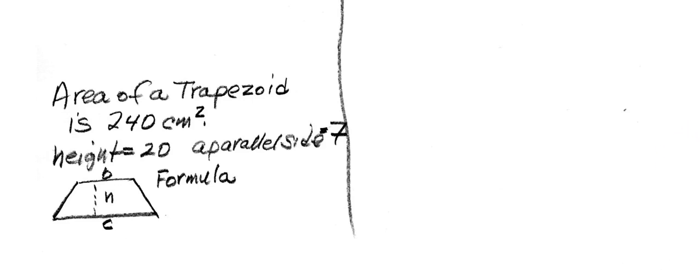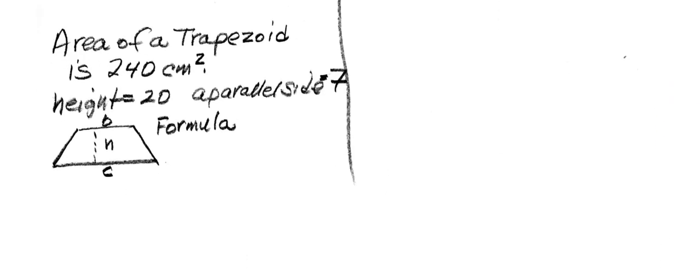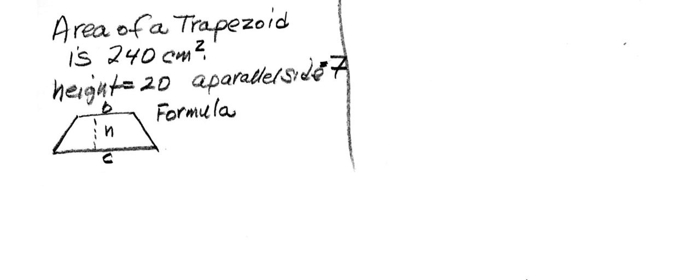Now, this last one deals with the area of a trapezoid. And the figure I've drawn here, this is a trapezoid, not very good, but to give you some background. First, what is the formula for the area of a trapezoid?